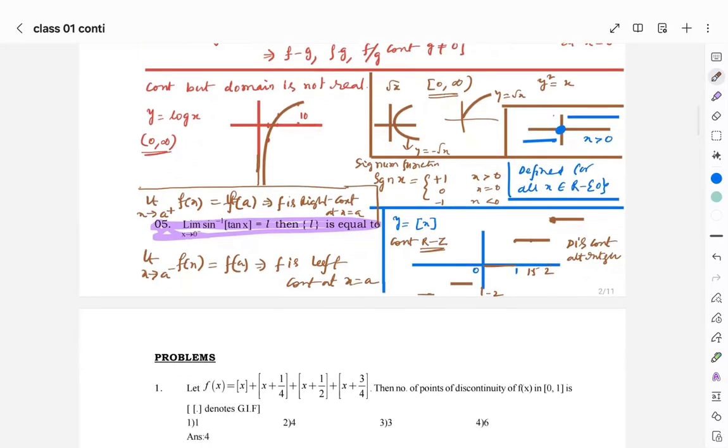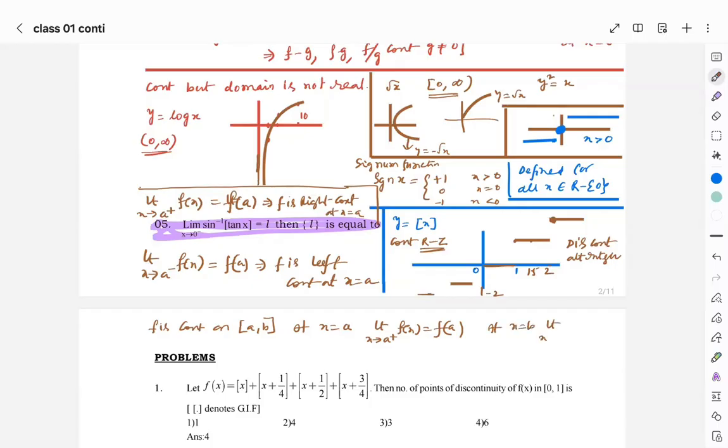Why are these important? If they ask, is f continuous on the interval ab, then we cannot check the left limit at a. At a, you can only check the right limit, right? At b, you cannot check the right limit.